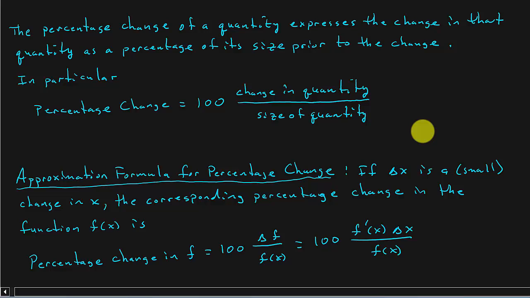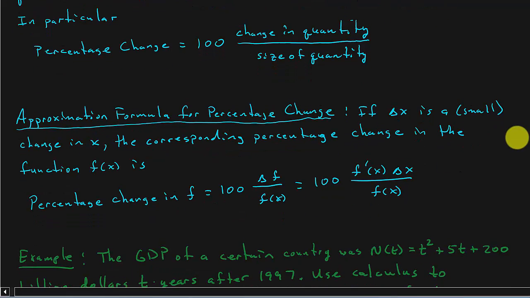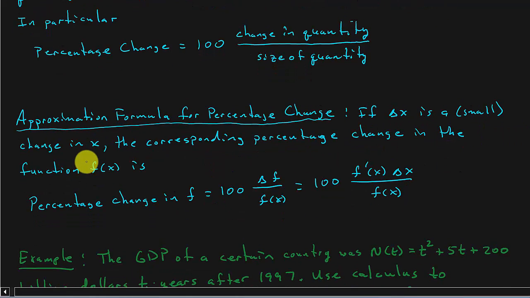How much does the quantity change divided by the size of the quantity? So here's an approximation formula for percentage change. If delta x is a small change in x, the corresponding percentage change in the function f of x is 100 times delta f over f of x.